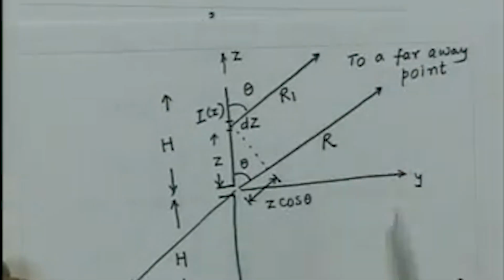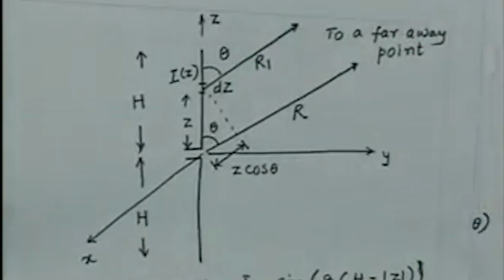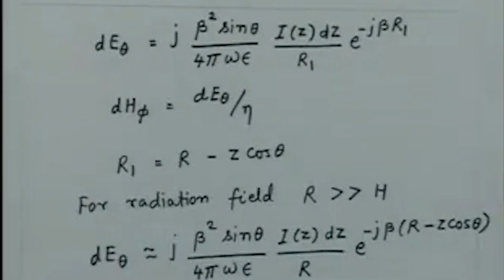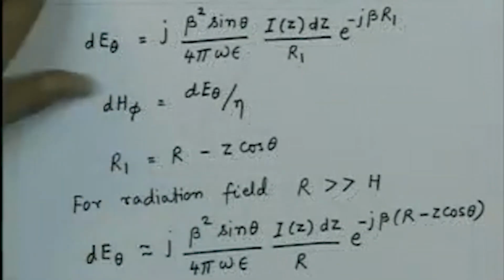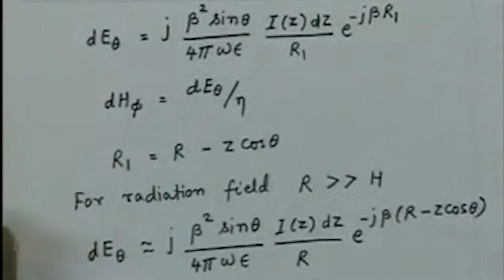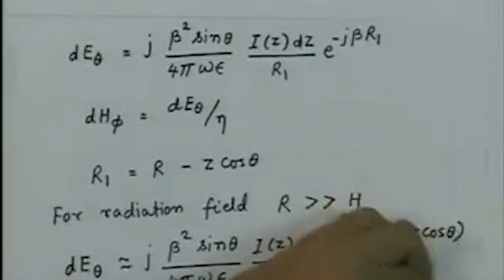Then, as we said, now the total field which we are going to get here is superposition of these fields. The phase term is now accounted for, which is this z cos theta. So, the total field which we are going to get due to this dipole now will be integral of this d theta over the total dipole length.